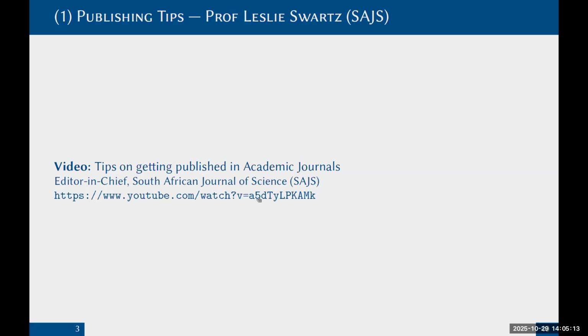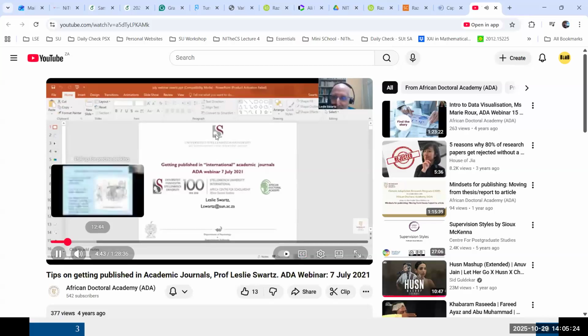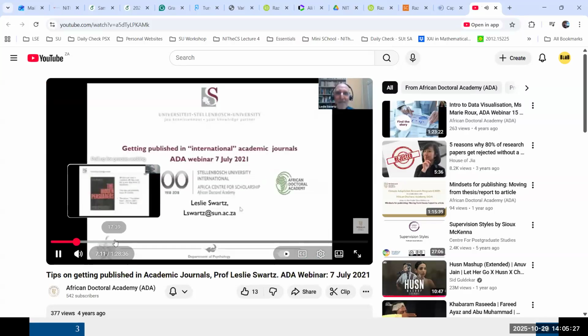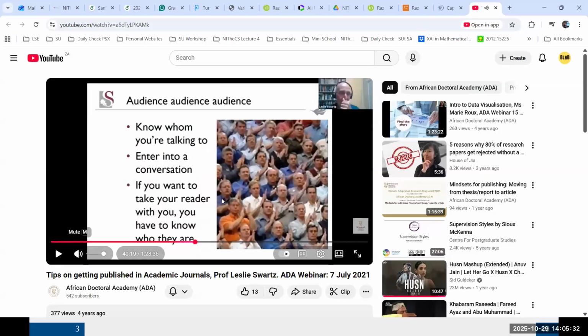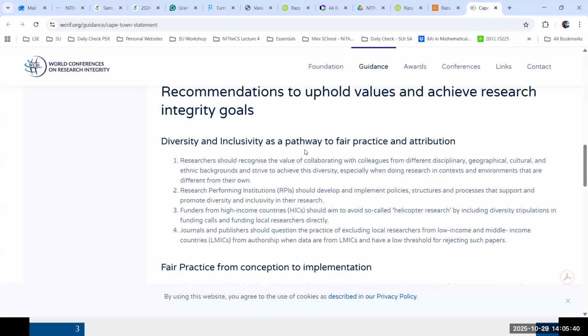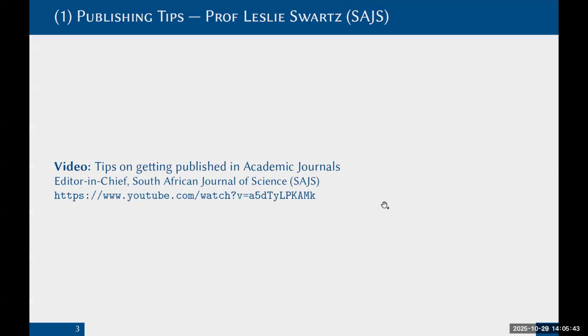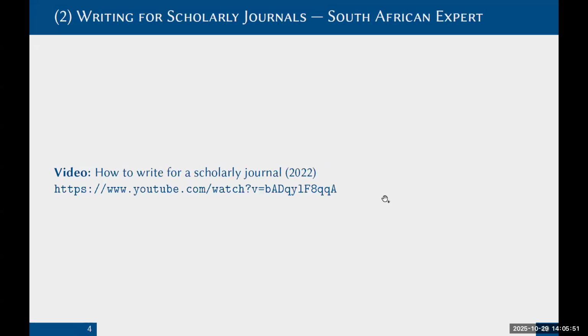This YouTube video is by Professor Leslie Schwartz, editor-in-chief of the South African Journal of Science. It is a 1.5 hour lecture and it is very fruitful. If you watch this video, it will be very helpful for learning academic writing and publishing your articles in academic journals. So this is the first fruitful link. The second is writing for scholarly journals.